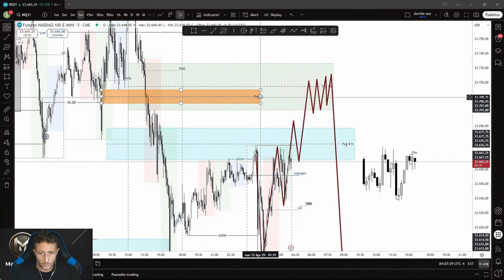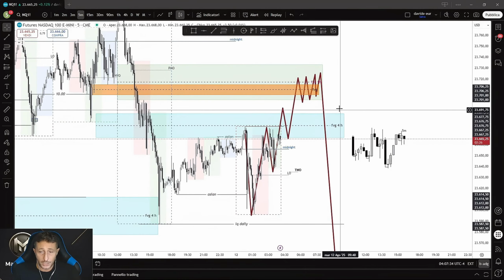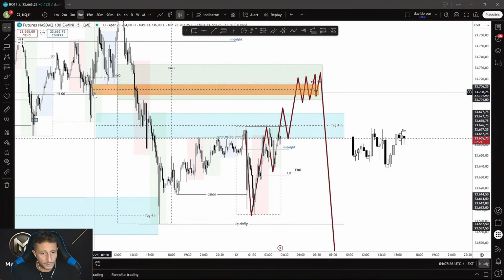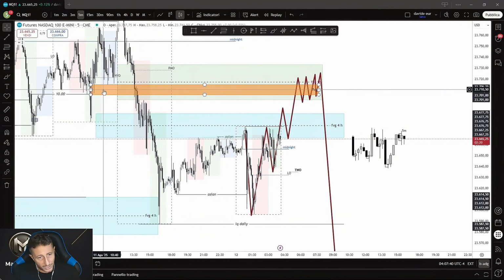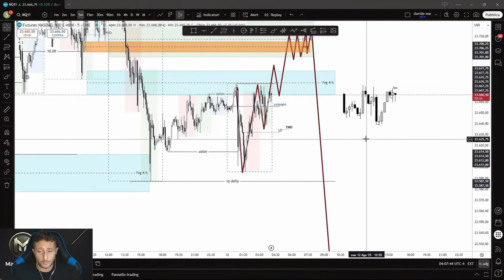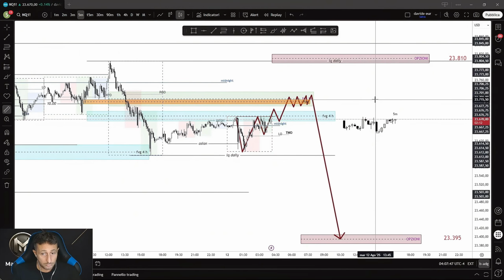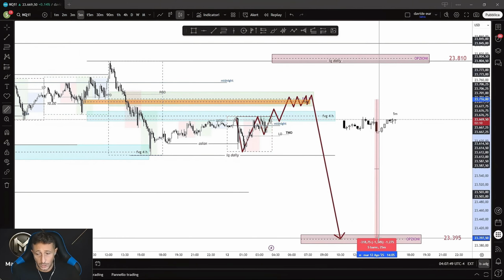Most likely, if we break through, the price could head toward the mitigation of the first fair value gap, which is the only one we keep open all week. So we can then position ourselves short for, guys, a move, I'll tell you right now, of 318 points.